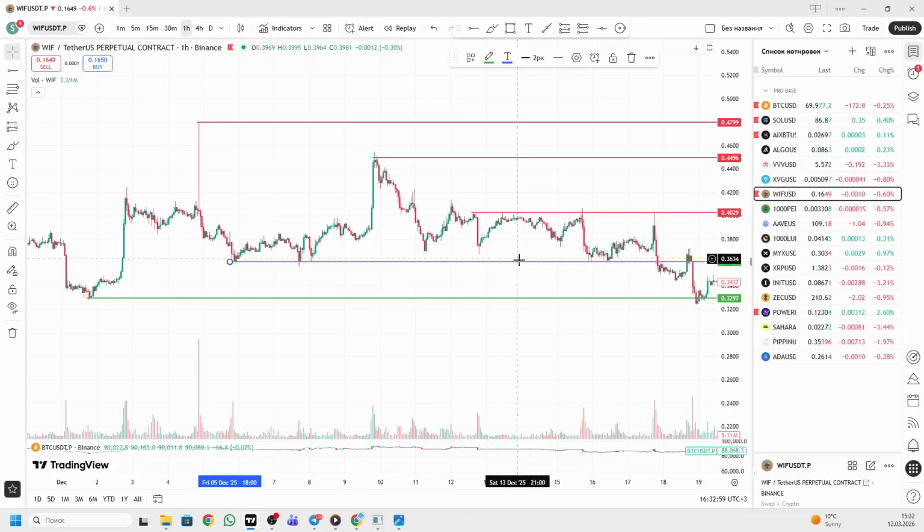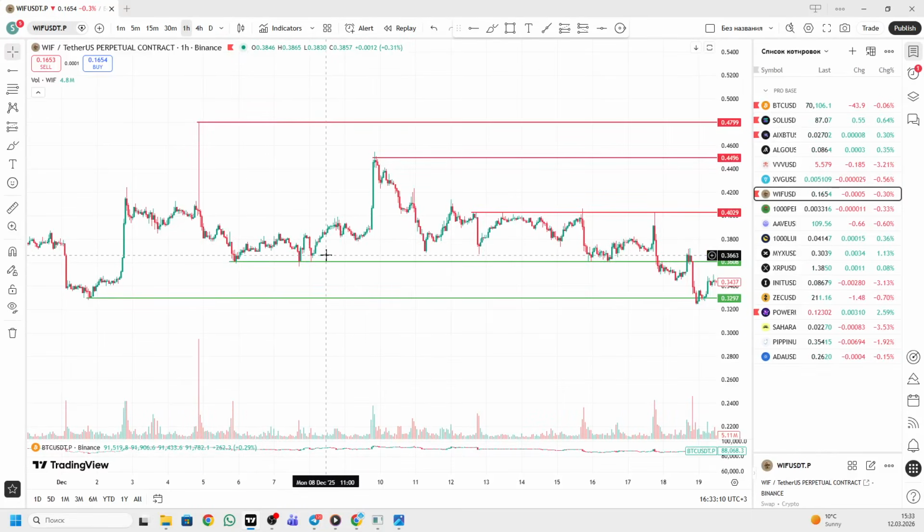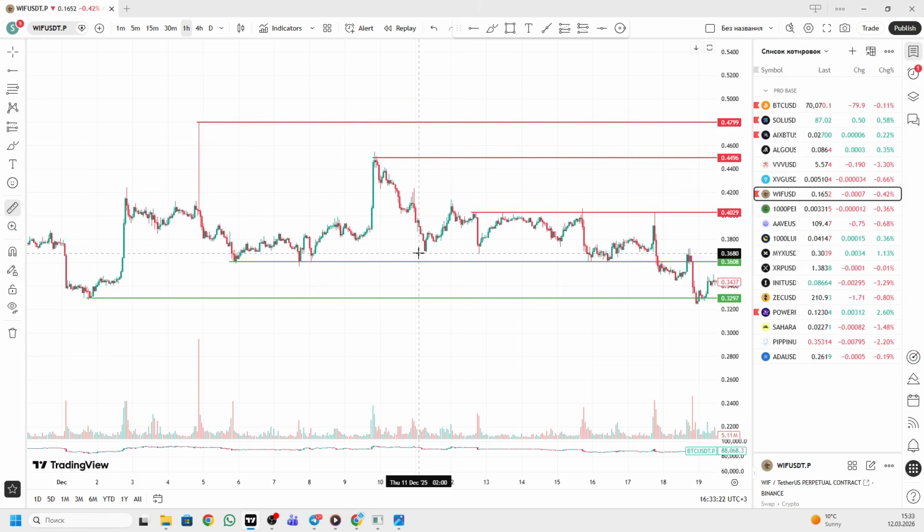Why is it called multiple touch? I think it's clear, right? Because the price approaches the same level many times. Okay, so here, look, another touch, here. Here we have a little bit of undershoot. Let's measure it. 1.49.